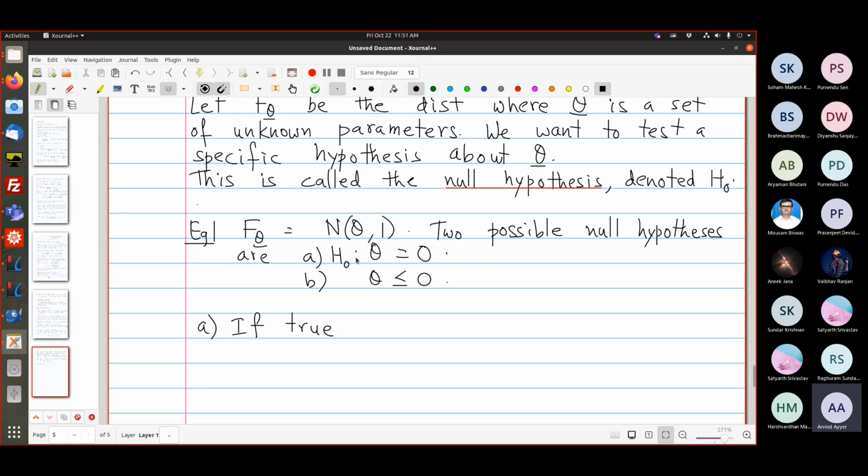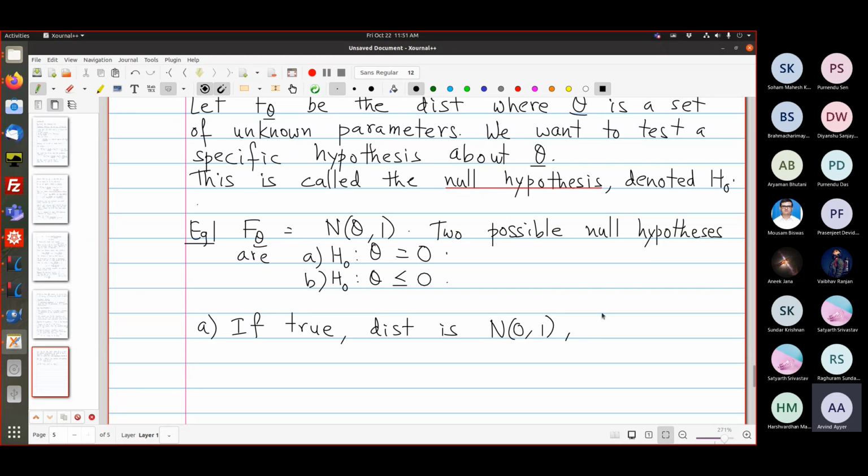Typically one writes H0 colon whatever the hypothesis. If true in the first case, the distribution is a standard normal, which is a fully determined distribution.